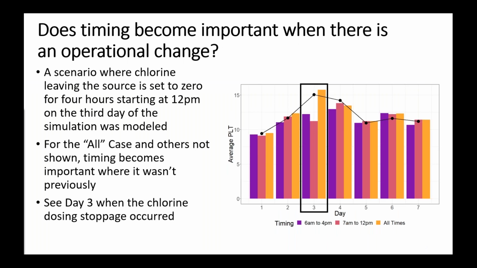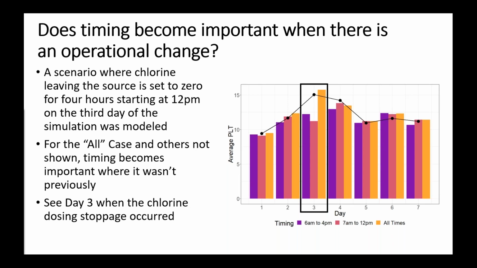But we also all know that our systems aren't static. They don't stay the same all the time. So I ended up modeling an operational change. It's a bit of an extreme case perhaps, but it demonstrates the point.